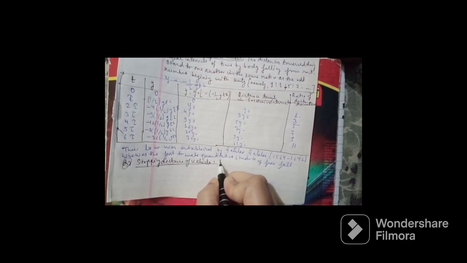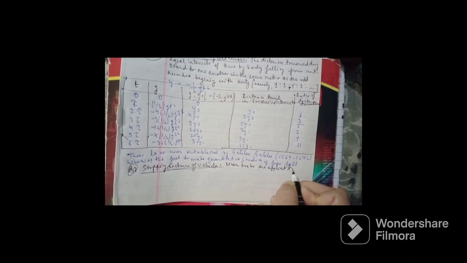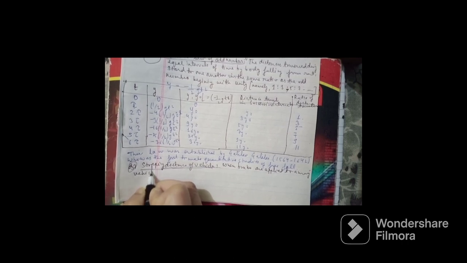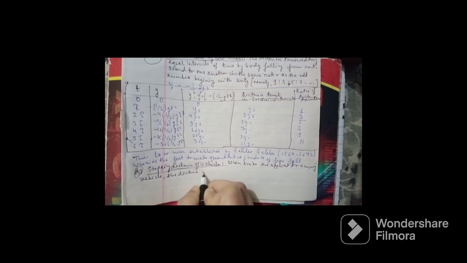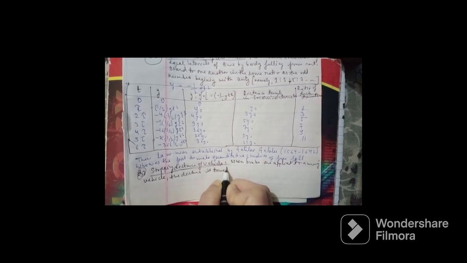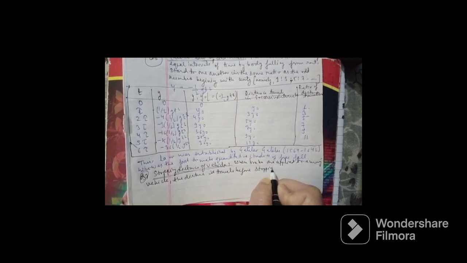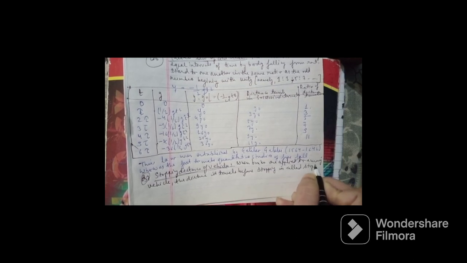Here we go. The question is, when brakes are applied to a moving vehicle, the distance it travels before stopping is called stopping distance.